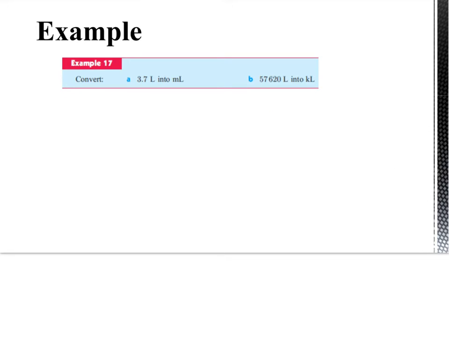So if we're asked to convert 3.7 liters into milliliters, we're just simply going to take the 3.7, and going from liters to milliliters, we multiply by 1,000, or we move our decimal place 3 places, so we end up with 3,700 milliliters.